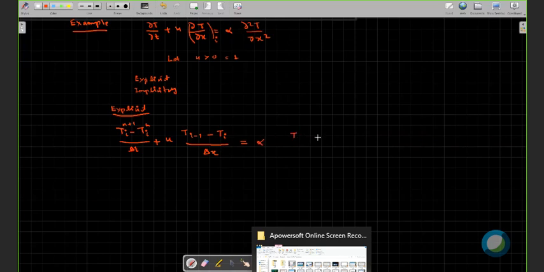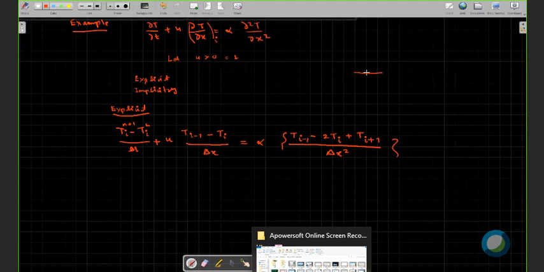You know that it is T I minus 1 minus 2 T I plus T I plus 1, divided by delta x square, right? Sir, why did you use the backward difference, sir?